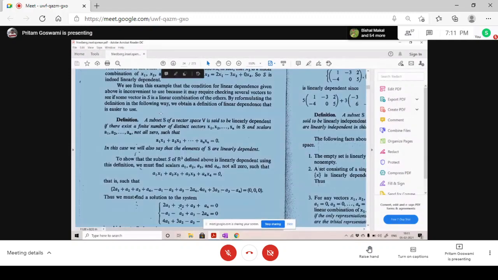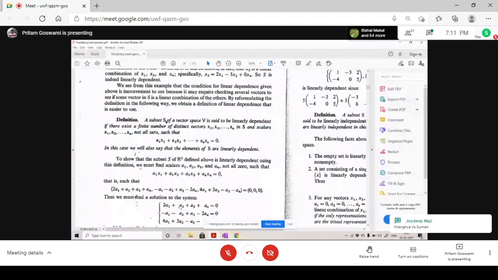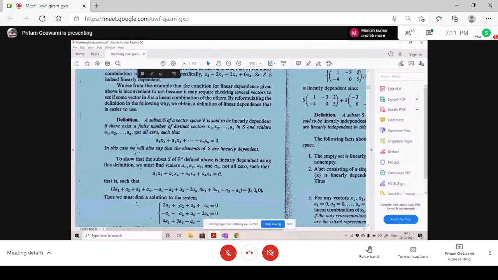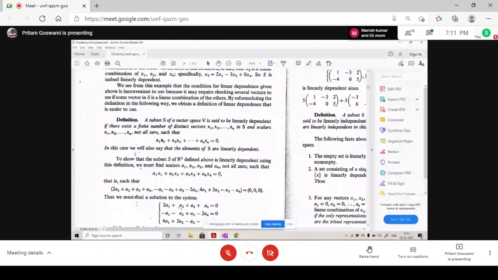I say that the subset S is linearly dependent if from that subset you give me some vectors, say x1 to xn, and there exist some scalars a1 to an, not all 0, this is important, such that a1 x1 plus a2 x2 plus ... plus an xn equals 0. So what does this not all 0 mean? Basically, dependence means one vector depends on other vectors, right?